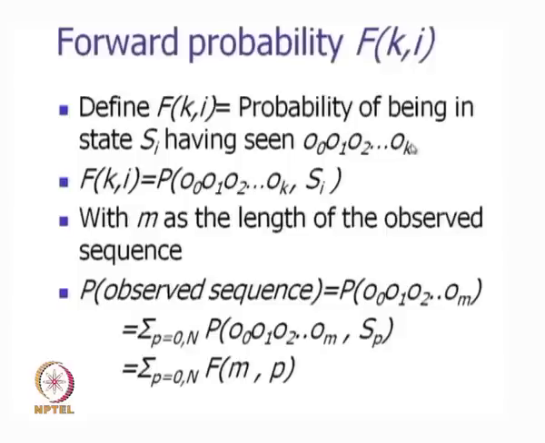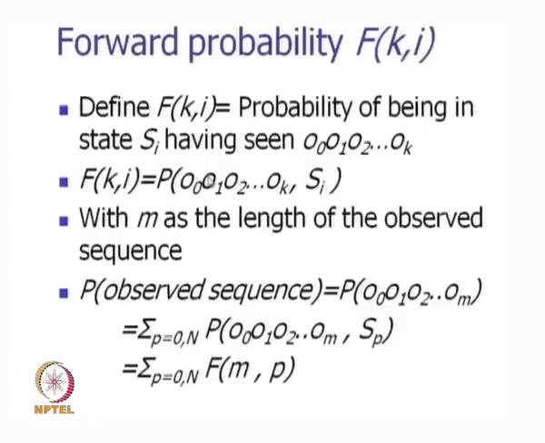Okay. So, this observed sequence is seen, and having seen that the system is in the state S i. So, f k i can be written as the probability of the string seen being O 0, O 1 up to O k and the state after that being S i. Okay.